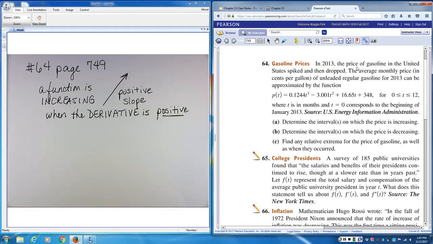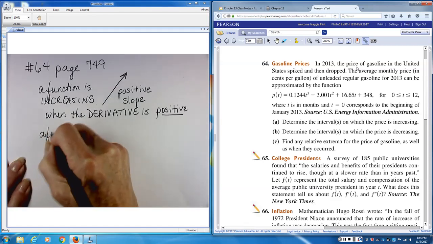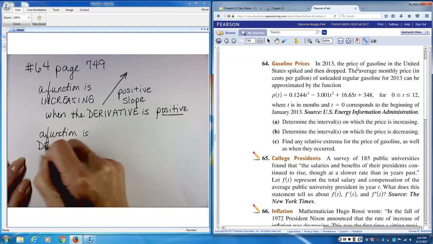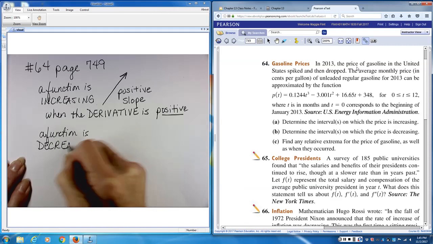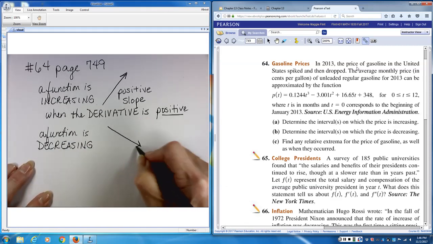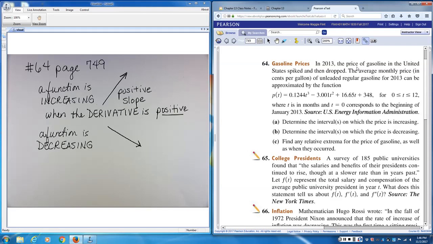And it's not hard to determine when its derivative is positive. You can plug in numbers and look at a table of values. You can actually graph the derivative and see where the derivative is above the x-axis. That tells you that it's positive. By the same idea, a function is decreasing when, if you read it from left to right, its graph travels downhill.